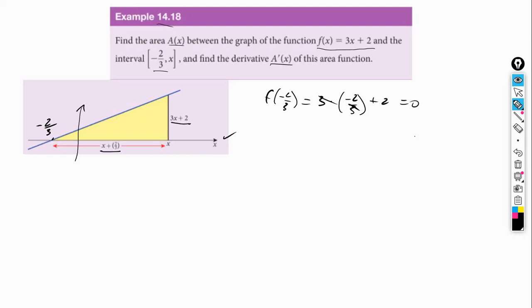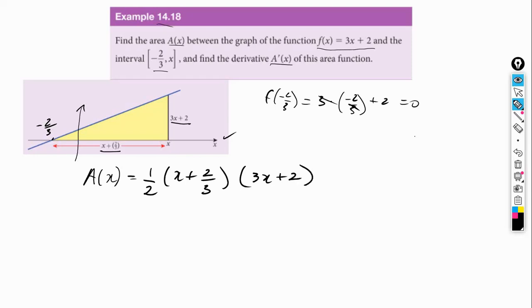Why is that? Well, if you plug x into the function, you obviously get 3x plus 2. So the area, because it's a triangle, is going to be equal to 1/2 the base, which is x plus 2/3, times the height, which is 3x plus 2.